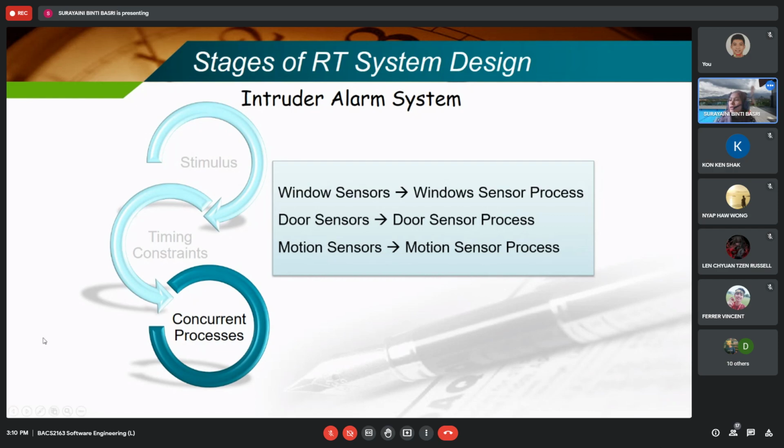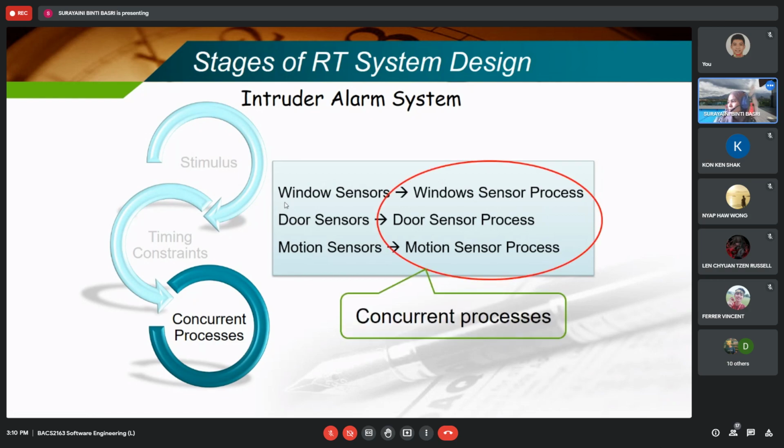They will need to run together at the same time in order to detect the intruder. That is the example of concurrent processes in the intruder alarm system. All of these processes will be needed to detect the intruder.